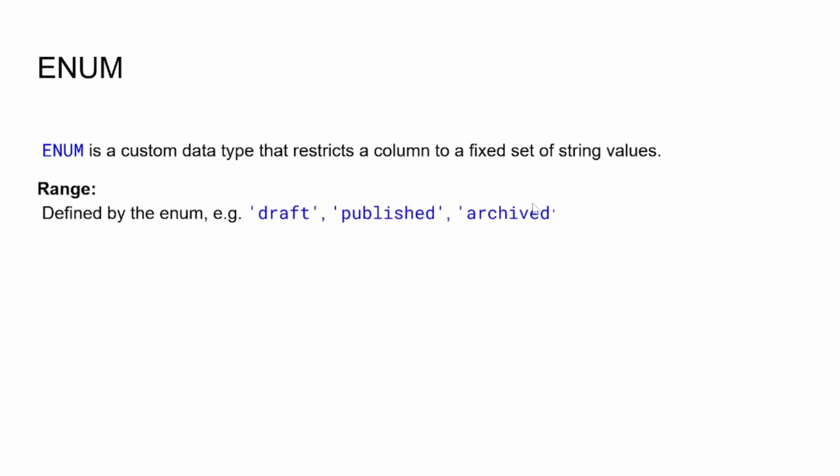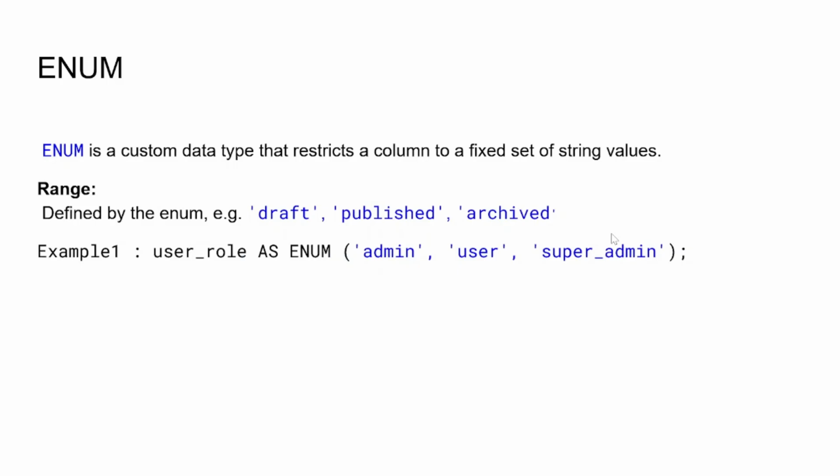For example, here we can have a set of string values like draft, publish, or archive. If you have a blogging platform where you have to keep track of posts, then you can have 3 options. Either the post is in draft, or it has been published, or it has been archived.